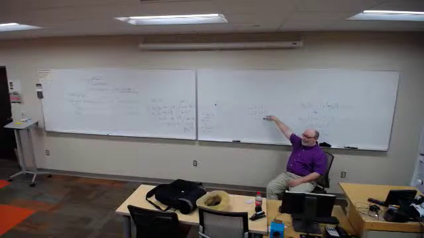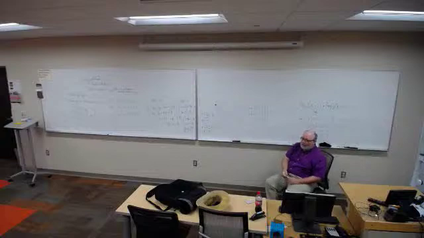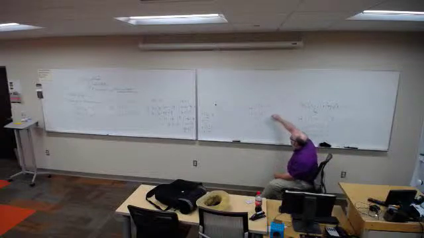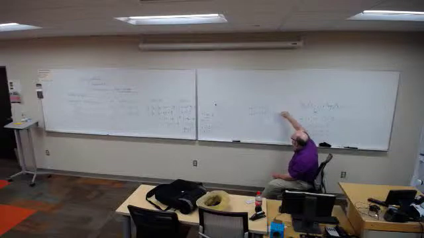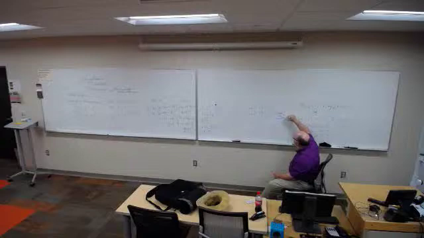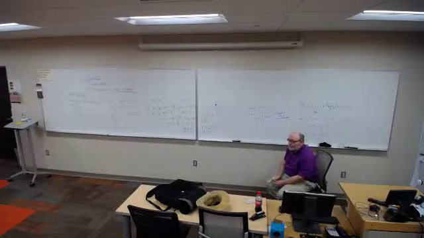It's already been eliminated here. So when I look at this, it's indicating to me I should eliminate y from the other equations. Now, it's not the only thing I could do, but that's what I'm going to do.